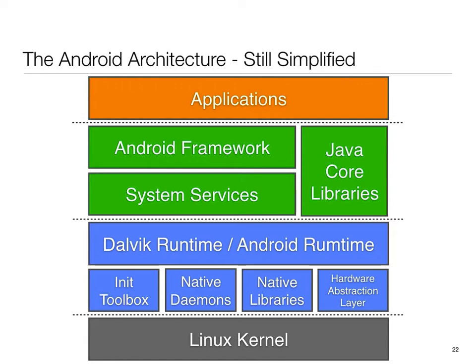And then here you have your Dalvik runtime and Android runtime. This is your virtual machine that runs all these devices, just like a Java virtual machine, for those of you familiar with Java at least. And then you have a whole bunch of other systems: native daemons, native libraries, and this hardware abstraction layer that interfaces with the Linux kernel.